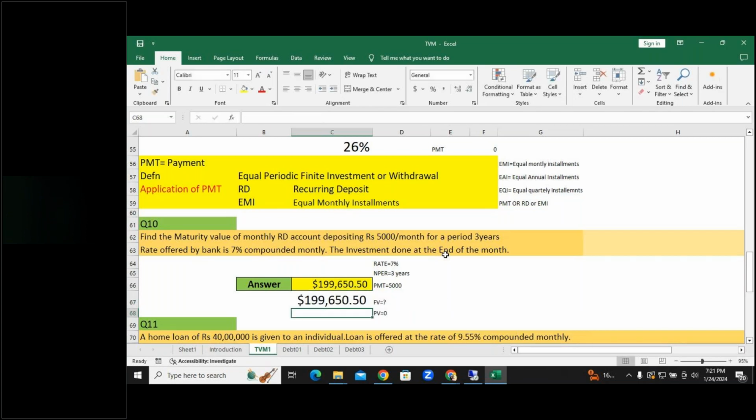So I am going to get 1,99,650 if I am going to make a recurring deposit where I am paying 5,000 every month at the rate of 7% for 3 years. Okay.